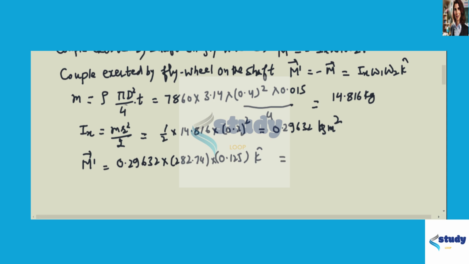So it would be 10.47 Newton meter k cap.